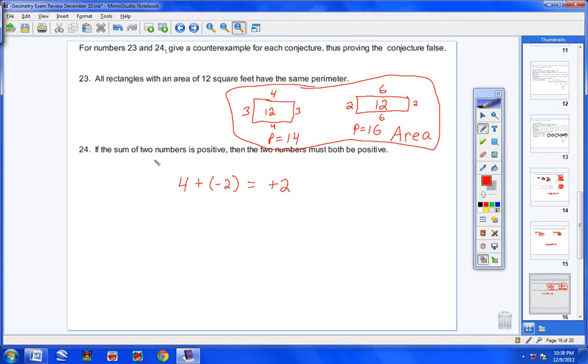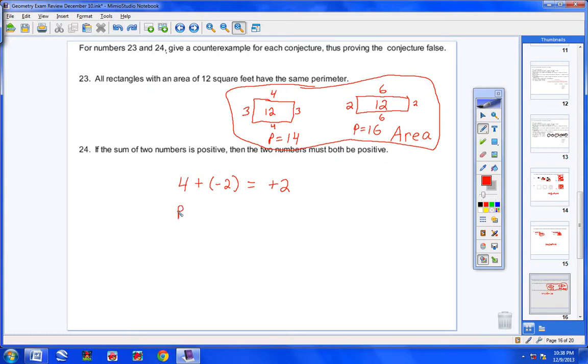If the sum of two numbers is positive, now I have a question for you. Is the sum of these two numbers, that means I add two numbers together, giving me out a positive number, yes or no? Yes, it is. If the sum of two numbers is positive, then the two numbers you added must both be positive, and they're not.